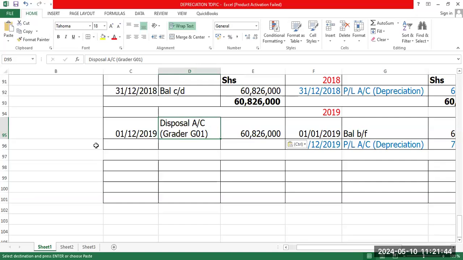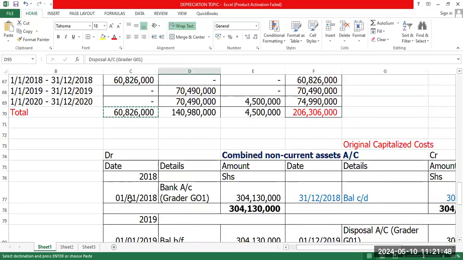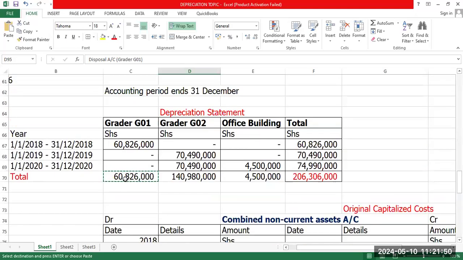For that very asset you're disposing of. So from the time of acquisition to the time of disposal, the total depreciation is actually this.